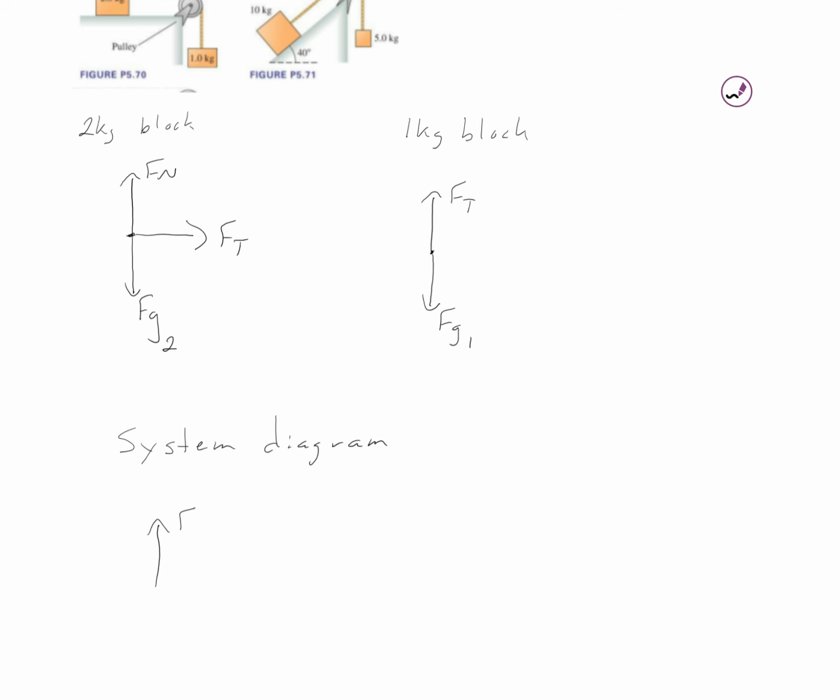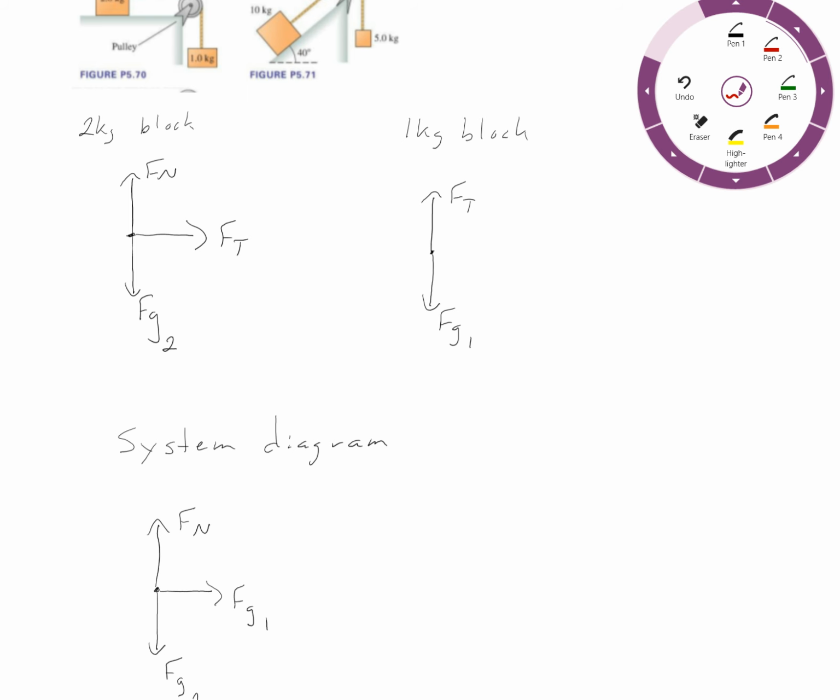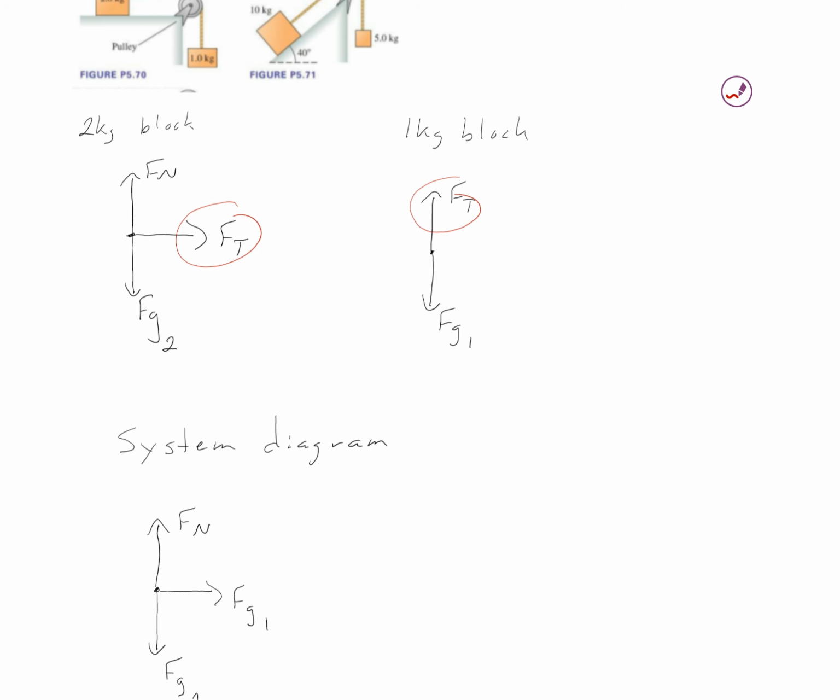And on the system diagram, all I'm interested in is the forces that act outside the objects, outside the system consisting of block 2 and block 1. Notice in this case the tension, this is the connection, or rather the interaction, between the objects.